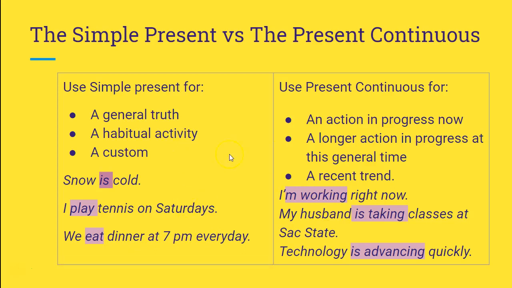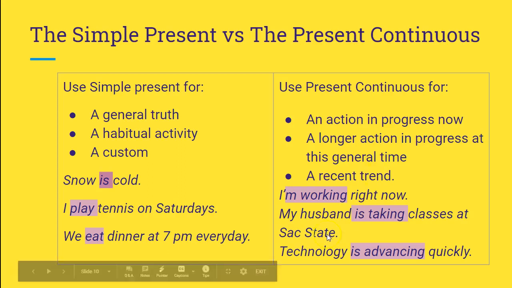They are similar. We use present continuous for an action in progress now. For example, I'm working right now. A longer action in progress at this general time. So that means it's in progress and it's been happening, although it might not be taking place right in this second.